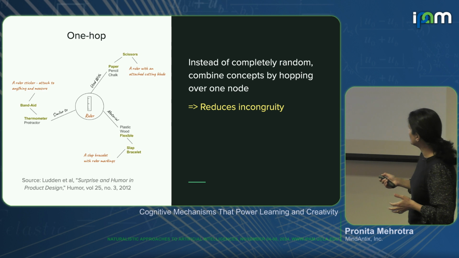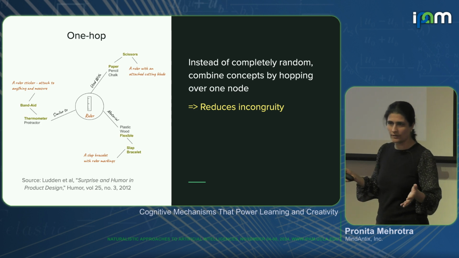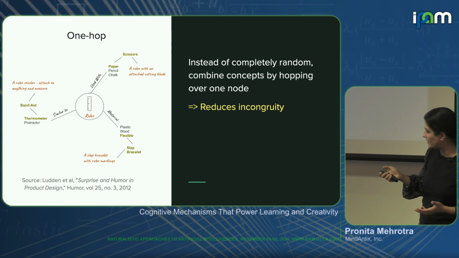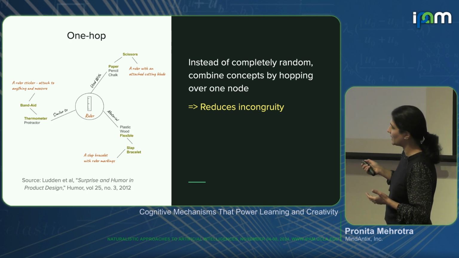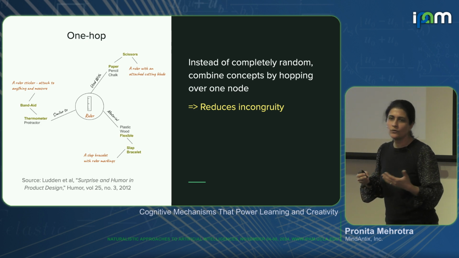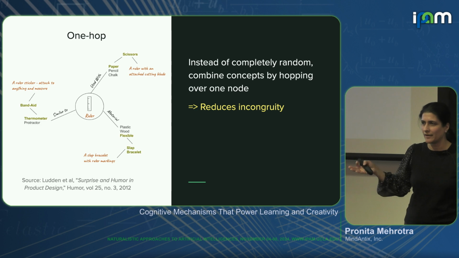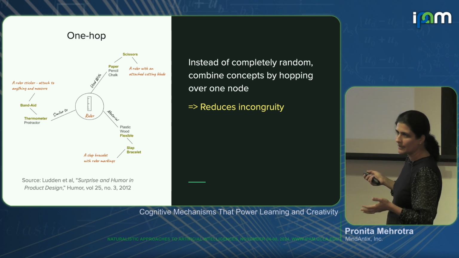Going from your base object immediately to the next hop will not give you very original ideas; it'll be more predictable. If you skip and jump over the first hop and go to the next one, and then try to combine, you get some fresh novelty without it being very incongruous. So it tends to reduce that incongruity. So we decided to also include this algorithm in there.